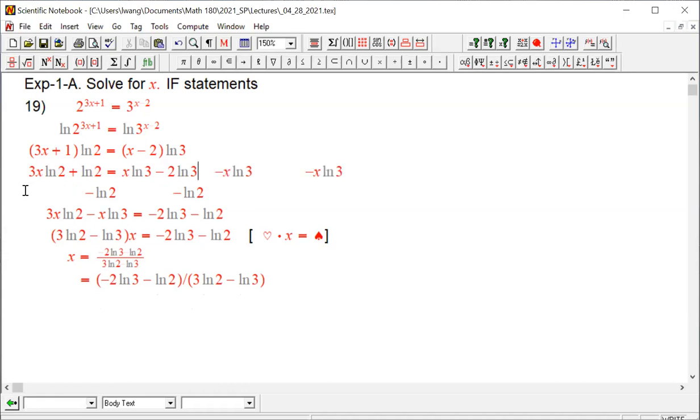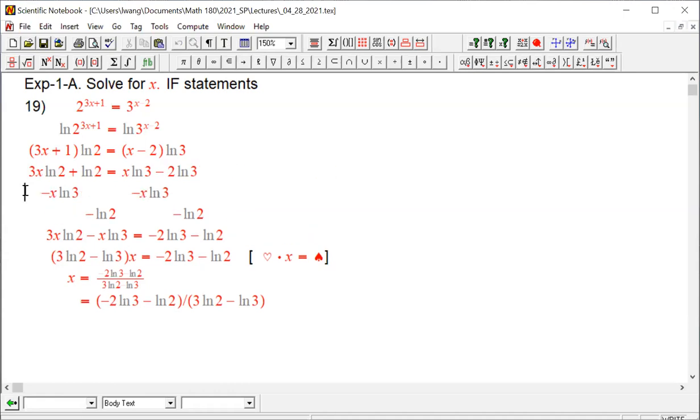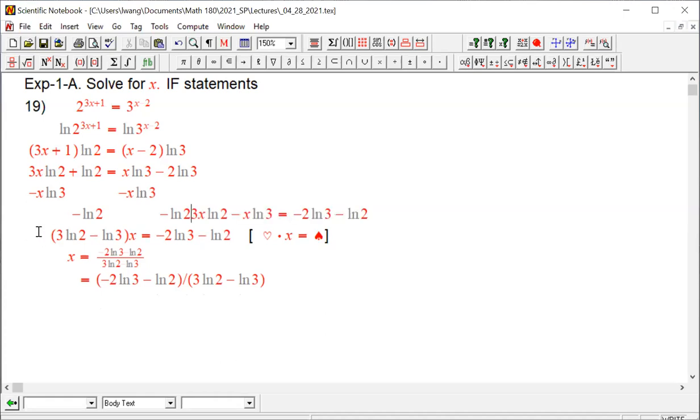And then do some algebraic operation, right? And then in the end, we got the solution.